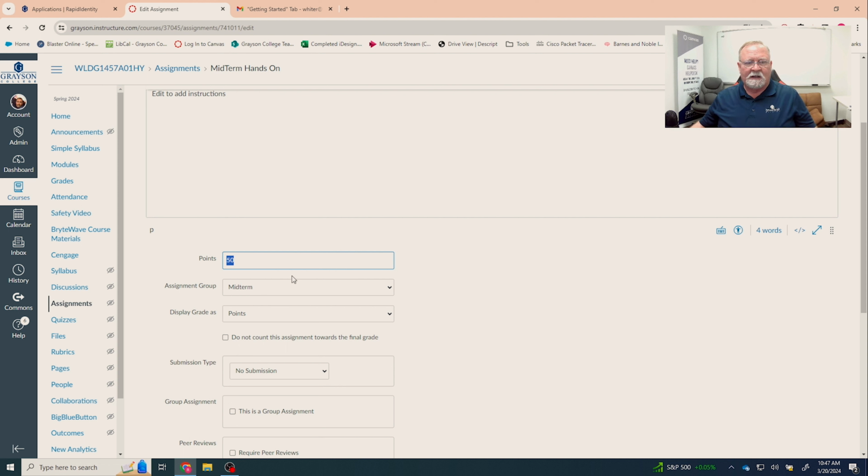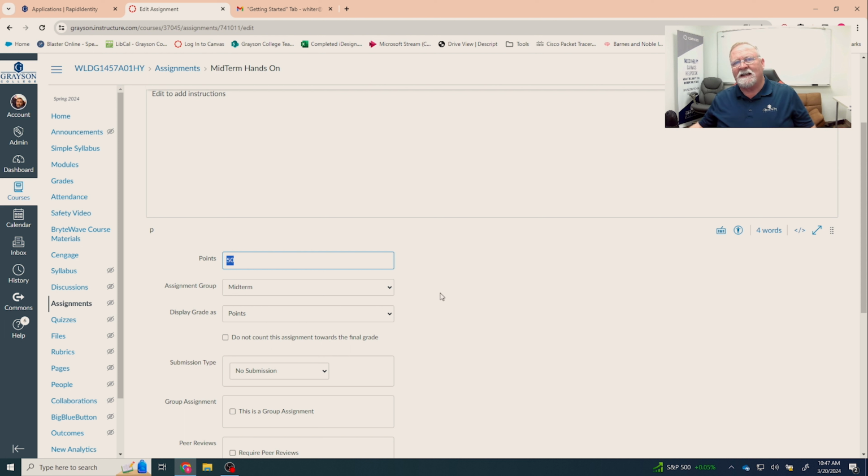They're going to have 80 points total, but that's going to be the same thing as 80%. So it won't matter that we're counting points instead of percentage. And then because it's in the midterm group, that 80 is going to count 17% of their final grade. So that is the way to make this work.